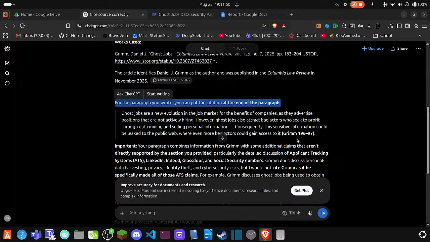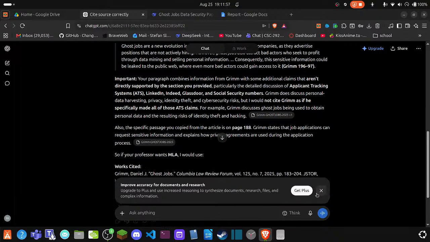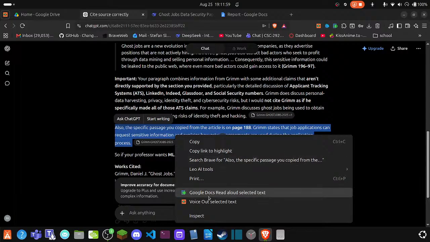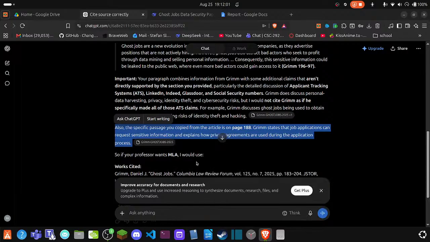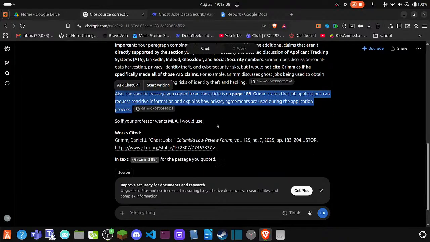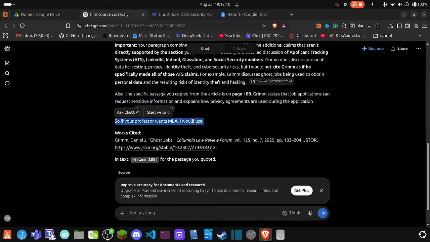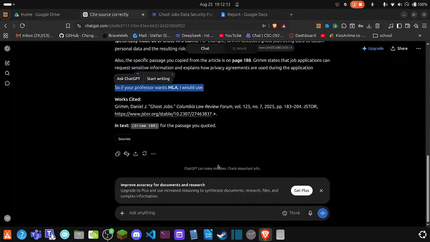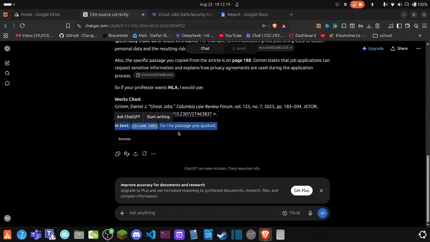Wait, really? Also, the specific passage you copied from the article is on page 188. Grimm states that job applications can request sensitive information and explains how privacy agreements are used during the application process. So if your professor wants MLA, I would use an in-text citation for the passage you quoted.